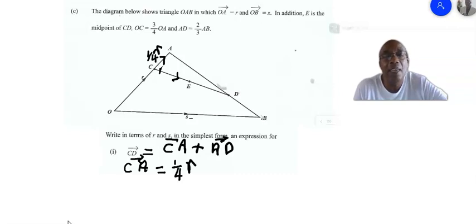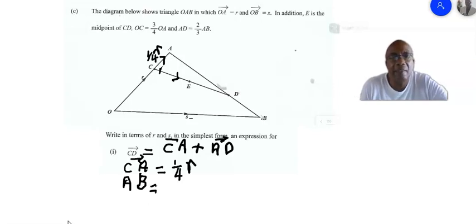Yes, because vector AB is vector AO plus OB. So let's write that down. Vector AB equals vector AO plus vector OB.